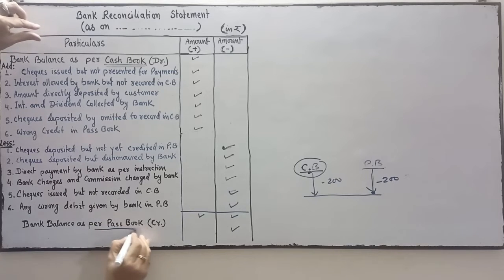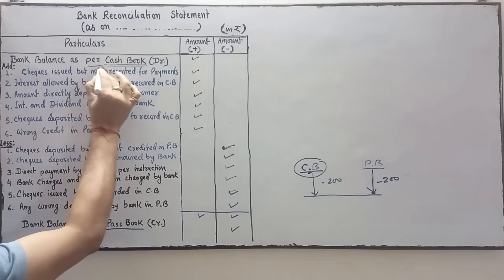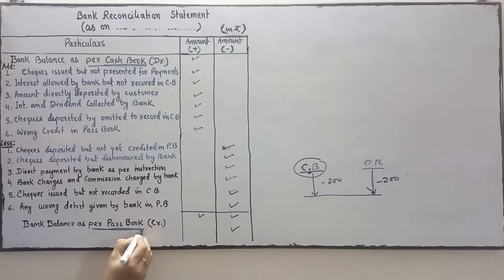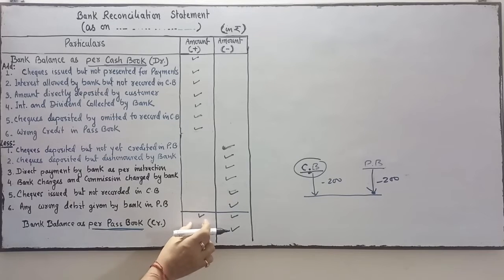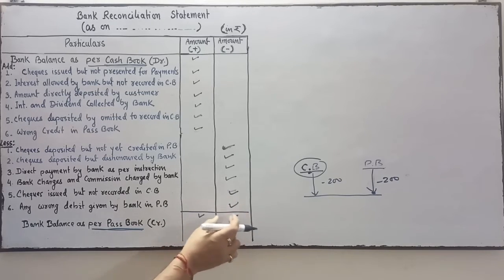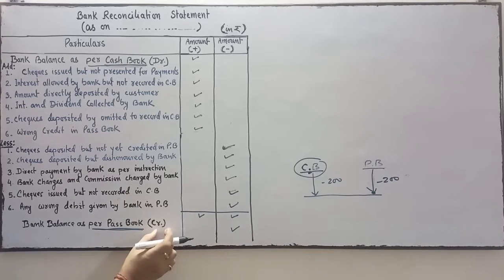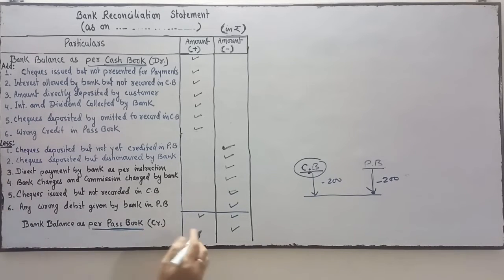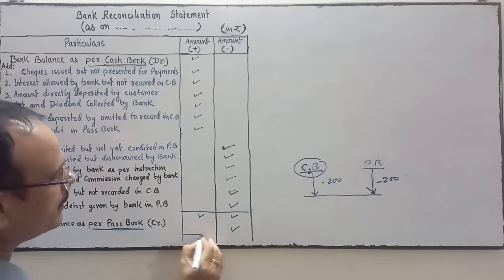If the plus side is more and the minus side is less, it means it's favorable. In the passbook, favorable balance is a credit balance. So you write it over here.